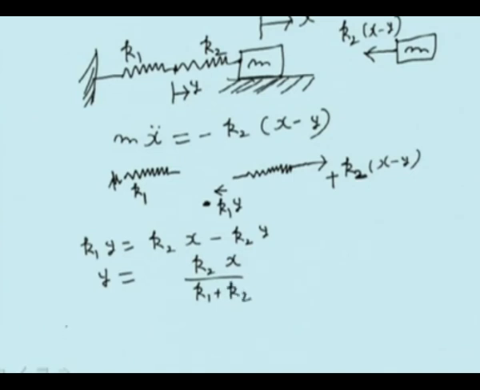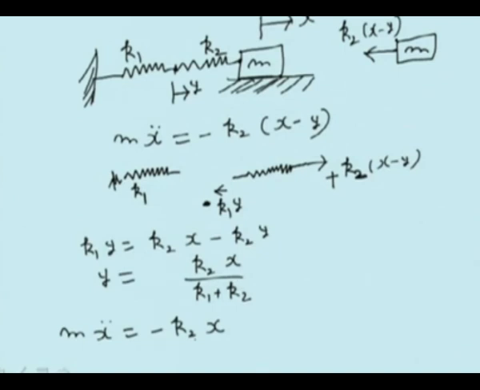Therefore your equation becomes m x double dot is equal to minus K2 x plus K2 y.